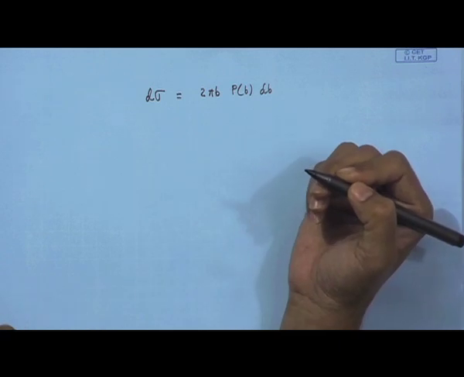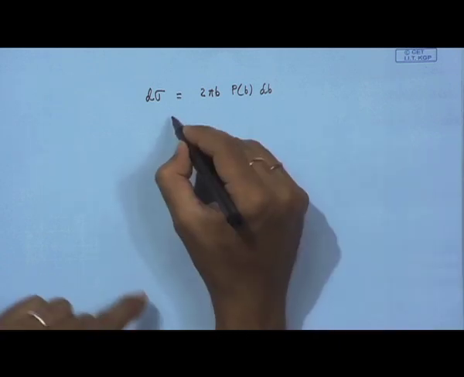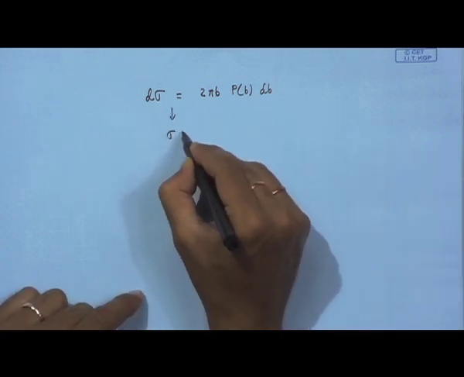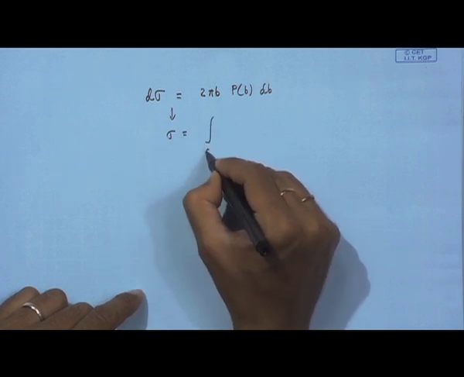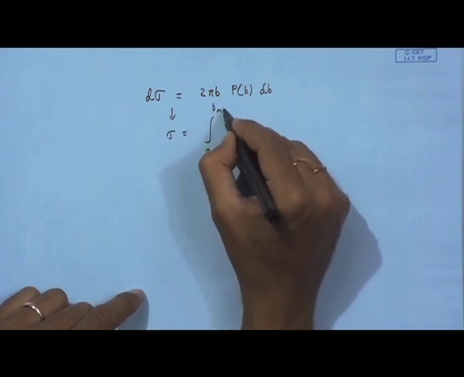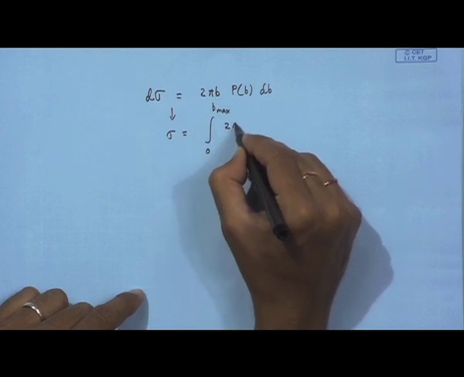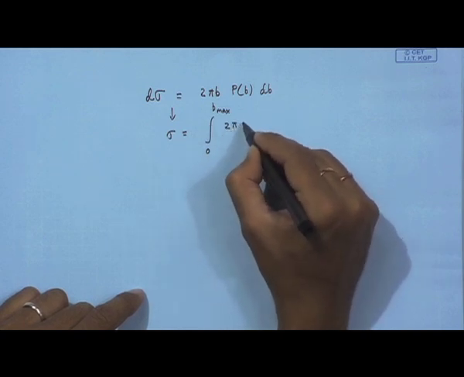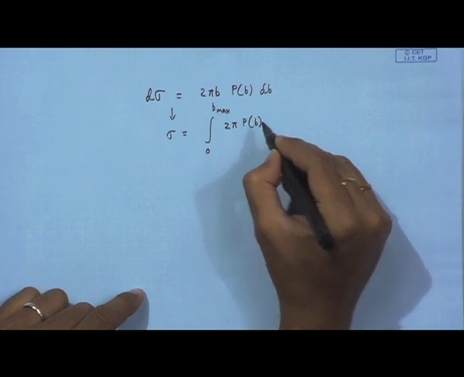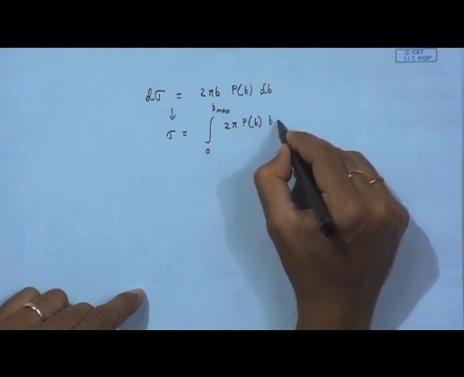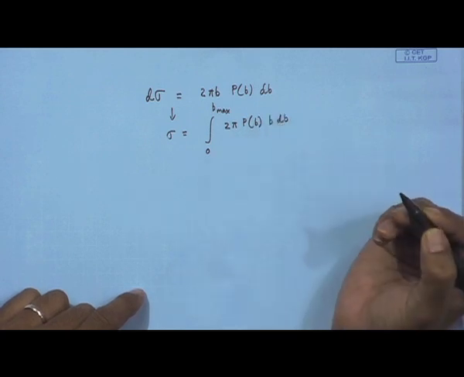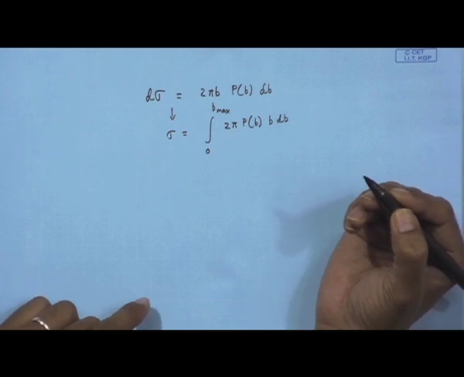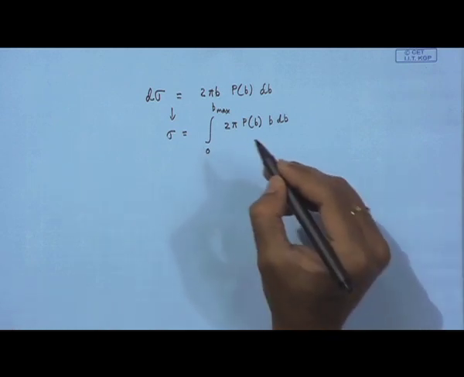Then if you integrate, upon integration you will get sigma equal to the integral from 0 to some b max of 2 pi b P(b) db. This way you can express sigma.